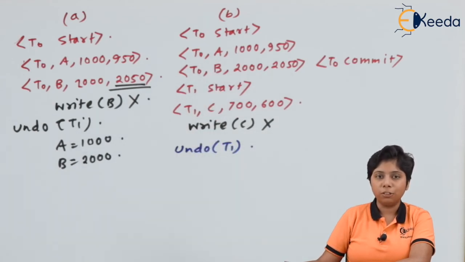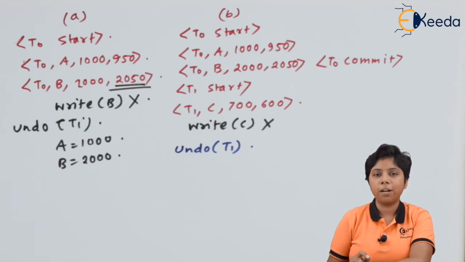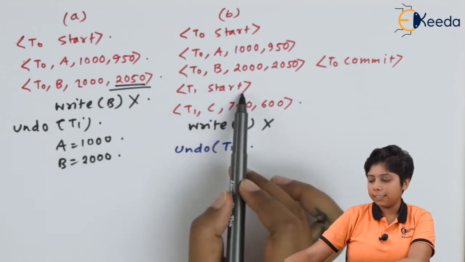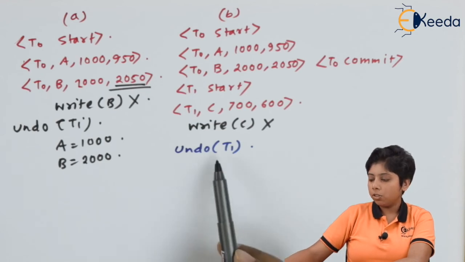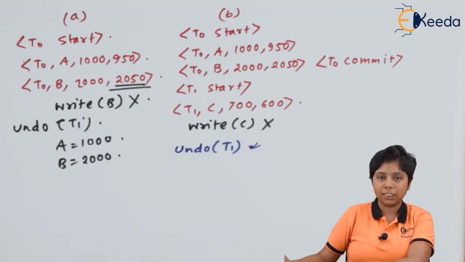What will we choose? As per the definition that we have given, if there is an undo, then the Ti start is there, but neither the Ti commit nor Ti abort is present. So now we can see that T1 start is there, and no T1 commit or abort is present here. So now we can undo this operation successfully.